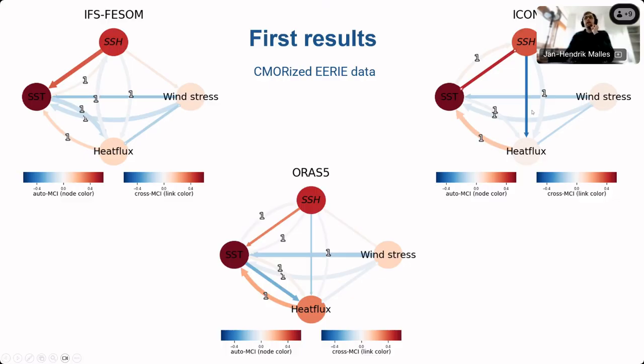And for ICON, we have this fairly strong link between SSH and the heat flux, also this negative one, which makes sense.